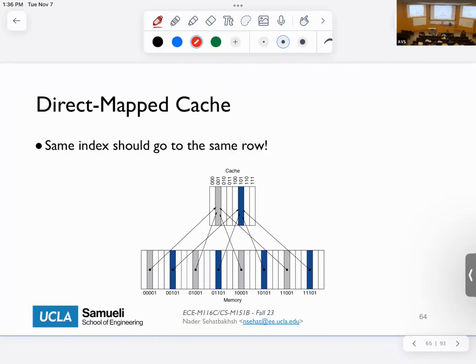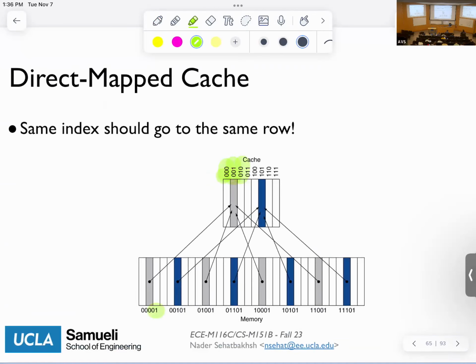The simplest thing to do is to use the lower bits. For example, if this one has 3 bits, I'm going to use the lower 3 bits to map this. If you pay attention to this gray one, you see that all addresses that have 001 on the right side map into this 001 here. And if you look at the blue ones, those that are 101 all go to this 101.